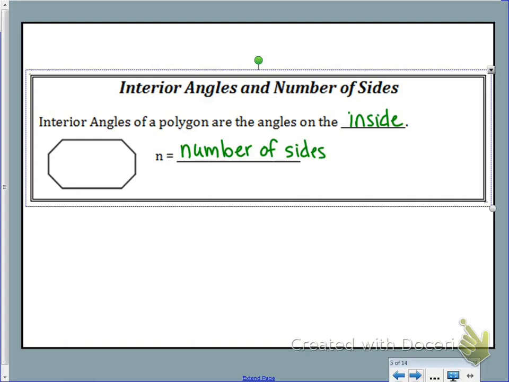So if our polygon, for example, has 1, 2, 3, 4, 5, 6, 7, 8 sides, this is an octagon, it will have the same number of angles. So 1, 2, 3, 4, 5, 6, 7, 8 angles. So the number of sides will be equal to the number of angles in the polygon. Key here is our interior angles are on the inside of the polygon.